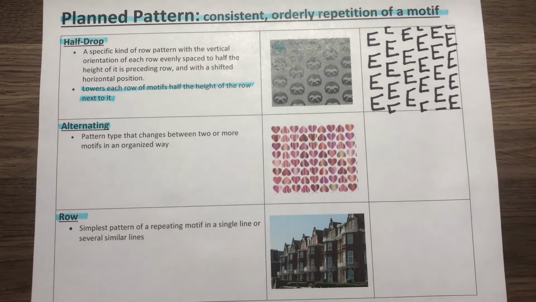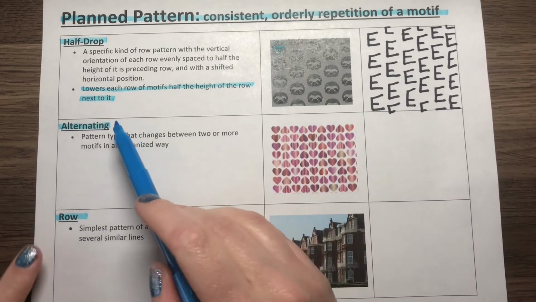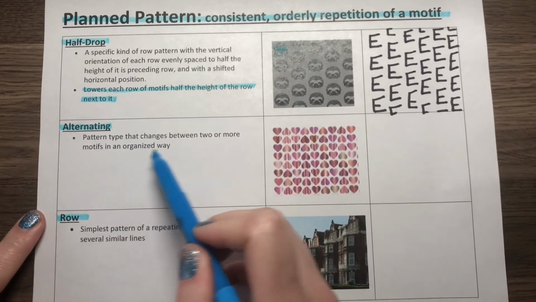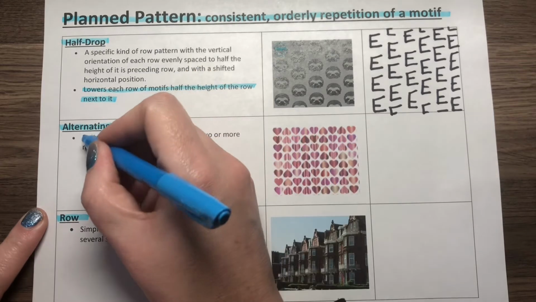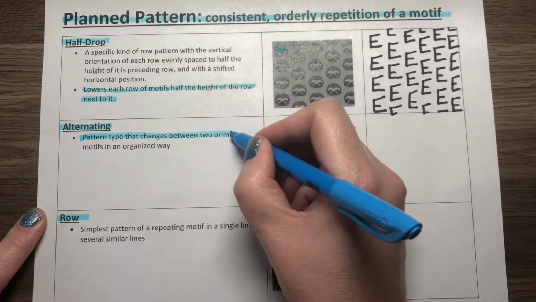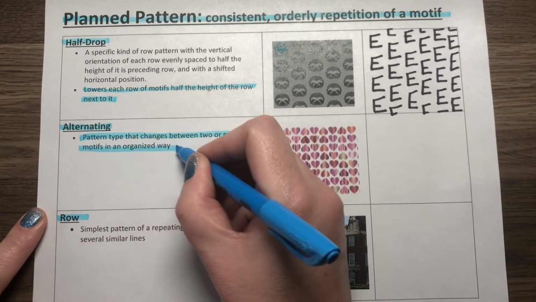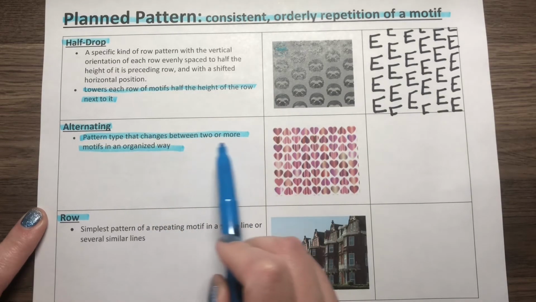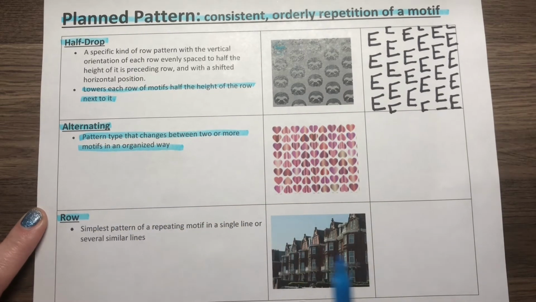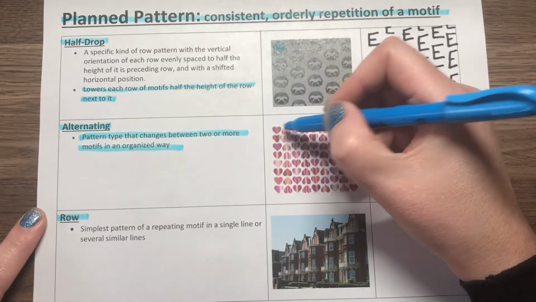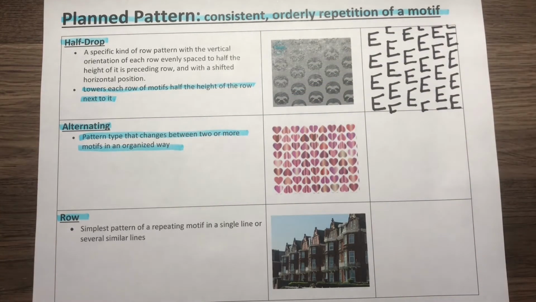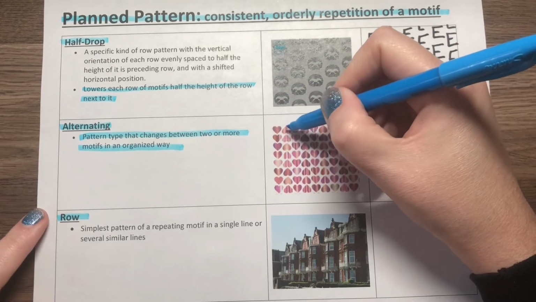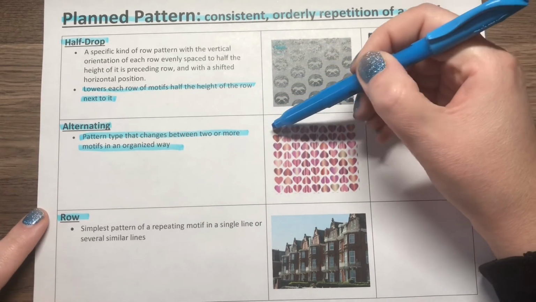Okay, so the next one that we're going to look at is alternating. Alternating is a pattern type that changes between two or more motifs in an organized way. So when we're looking at this, we've got the hearts that are right way up, and then we've got the hearts that are upside down, and they alternate, right?